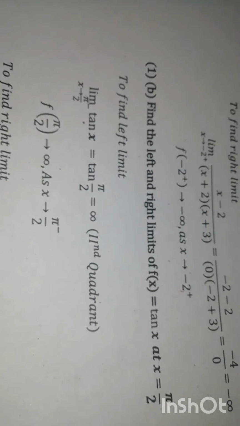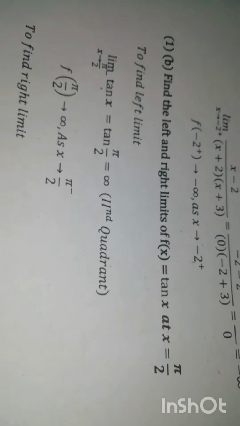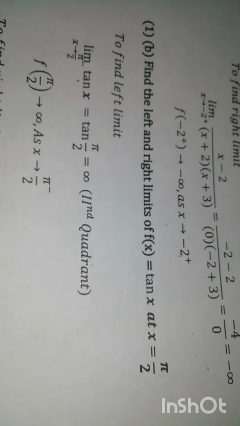Next, find the left and right limits of f of x equal to tan x. Given tan x, at x equal to pi by 2, tan pi by 2 is infinity. So the function does not exist at x equal to pi by 2, but it exists for both right and left.